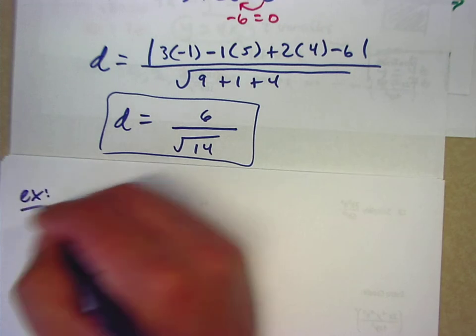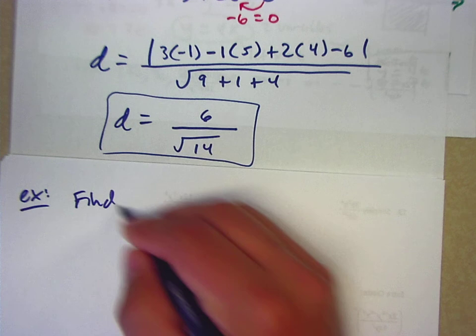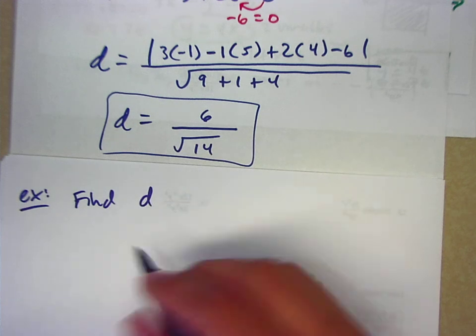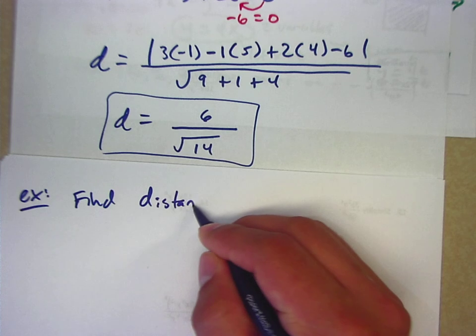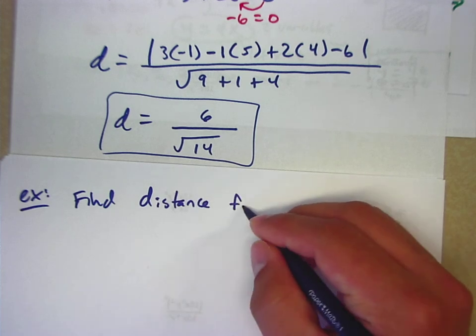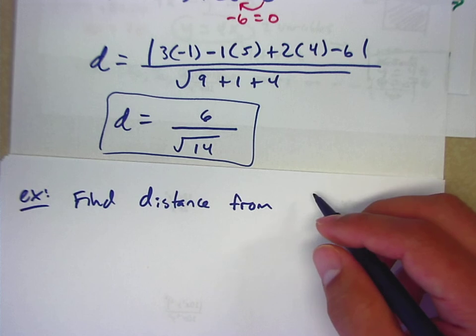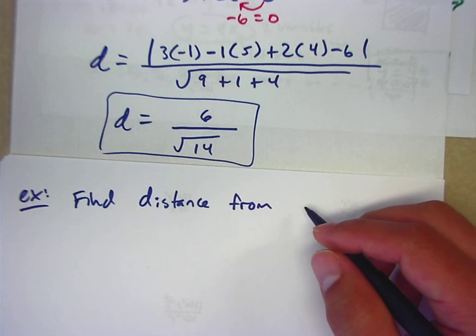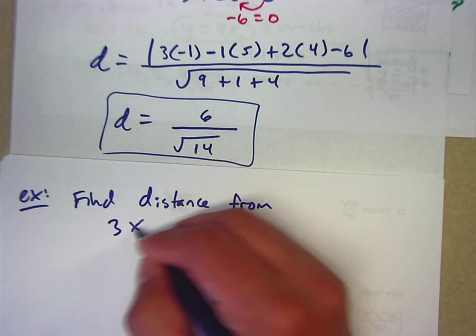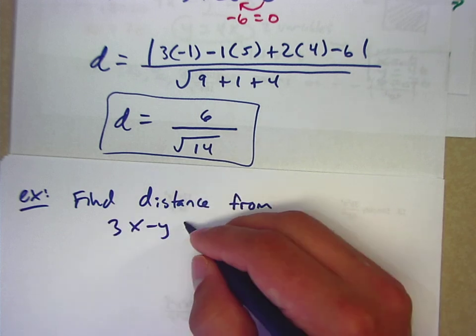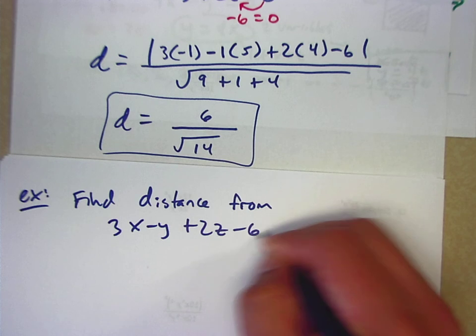if we want to find the distance from the plane 3x minus y plus 2z minus 6 equals 0.